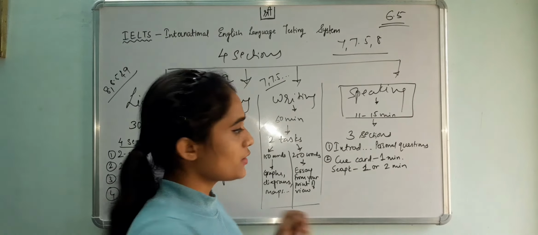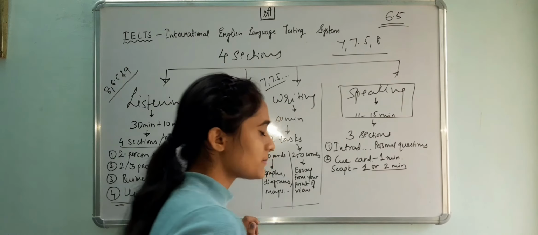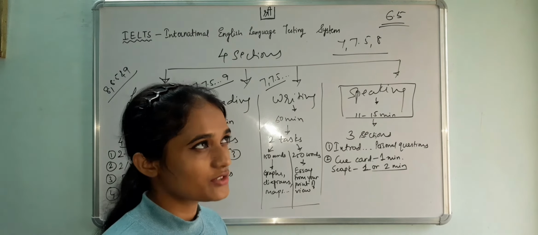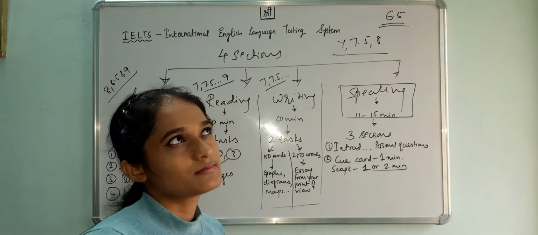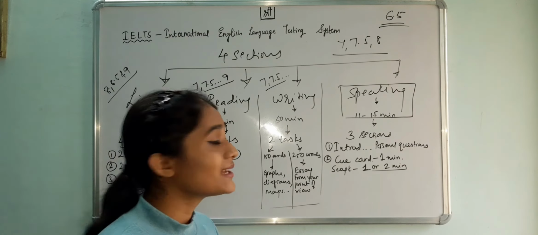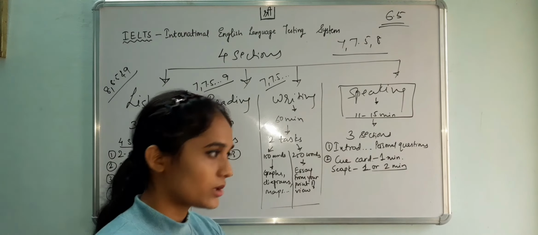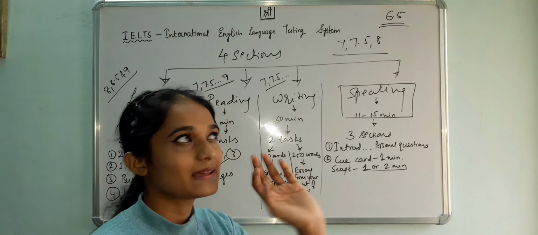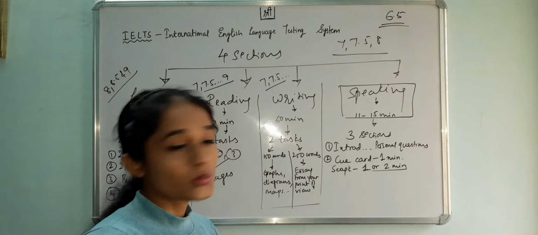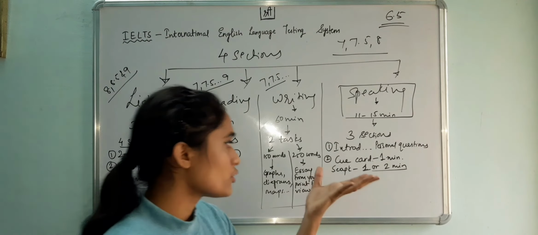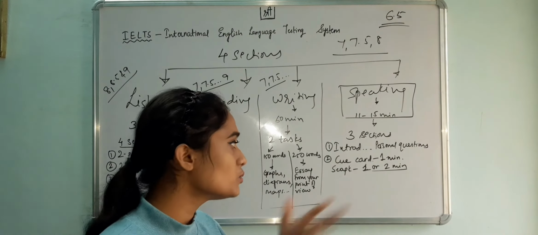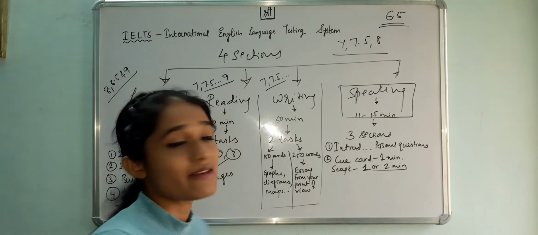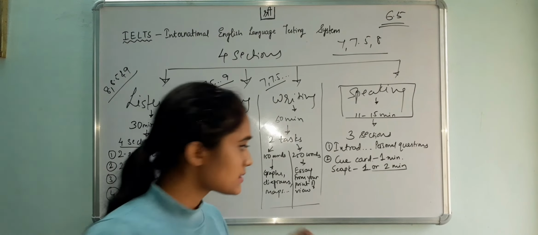Basically, you are required to speak for 2 minutes. Don't try to exceed 2 minutes, because the examiner will try to stop you. It's better you practice speaking within 1.5 to 2 minutes, so you can conclude whatever you're going to talk about on the cue card. So it's better you have a habit of speaking for 2 minutes.